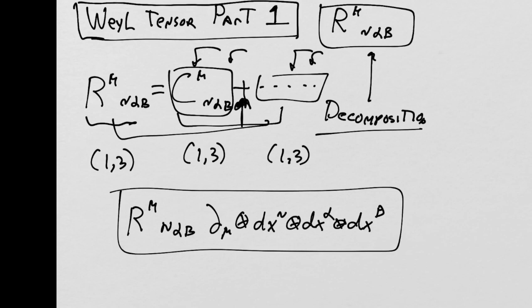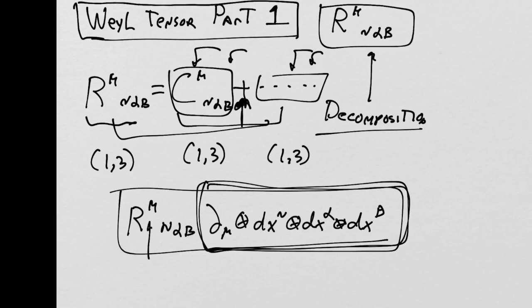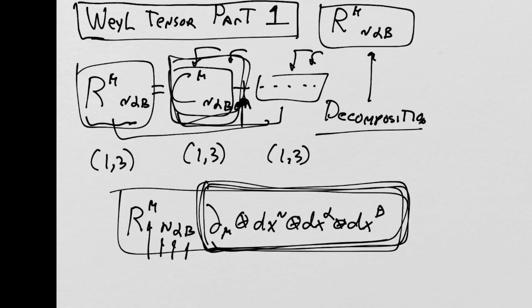But as I promised, I emphasized this so much in the What is a Tensor lecture just to help us understand what was going on. Now we're throwing that away, and we're using the ordering of the indices to keep track of what tensor product space we're actually in. But this is a tensor equation, right? So this guy here has to be in the same tensor product space as this guy, and so does all this other stuff. This is what we're going to call the Weyl tensor, right?